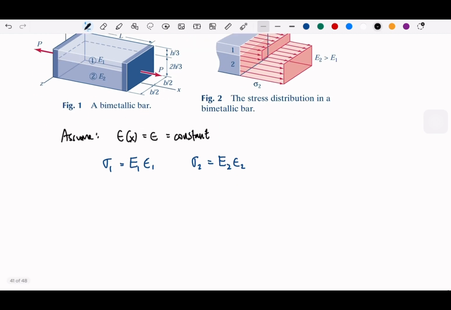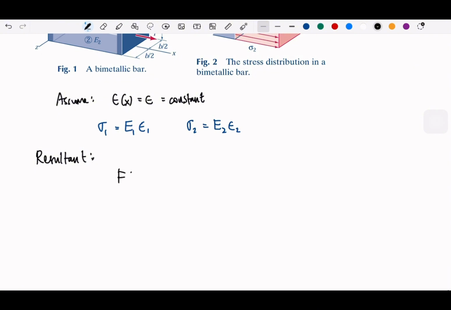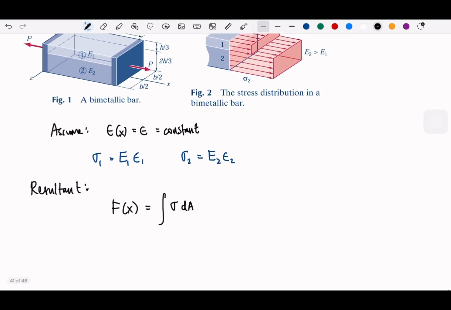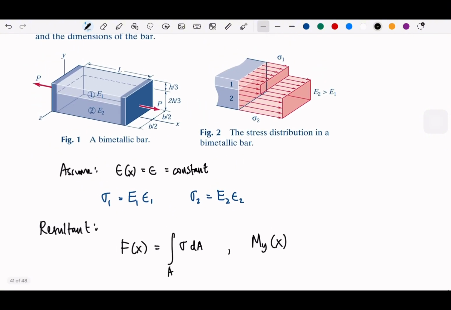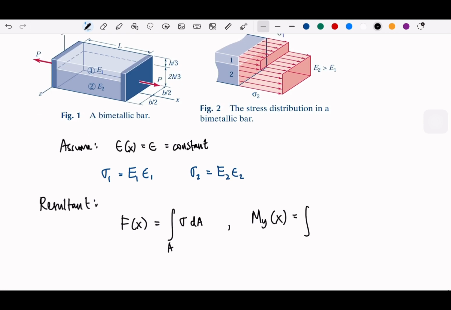So the resultants for the force and moment, we take the F, it's basically integration of the stress with respect to A. And then we have the My, which means the M on the y-axis, this will be equal to the integration of the stress times z.